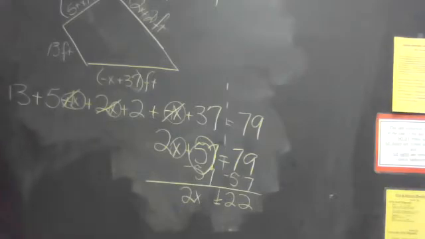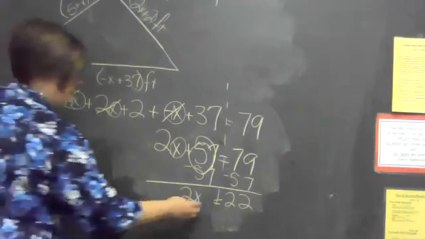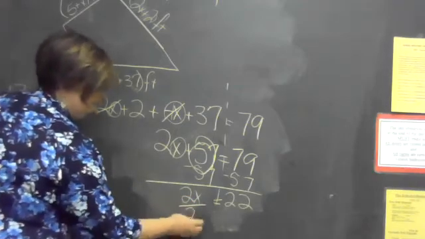All right, and then you need to take away the 2. How? You have to subtract it by the same number. How is the 2 hooked to the x? Oh, it's multiplication. So you're going to? Divide. Good. Dividing it by the same number.